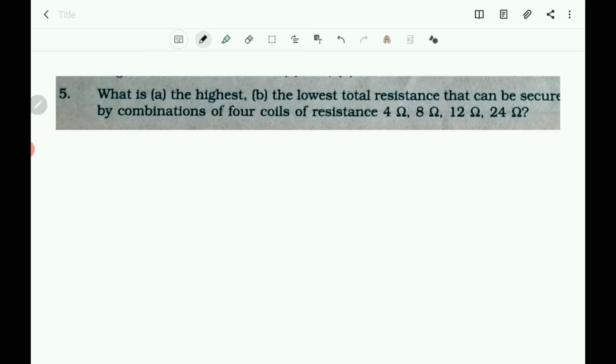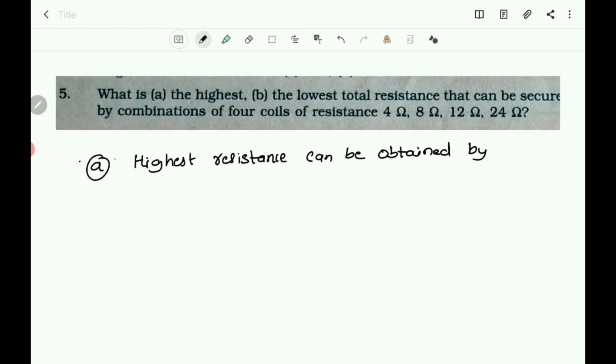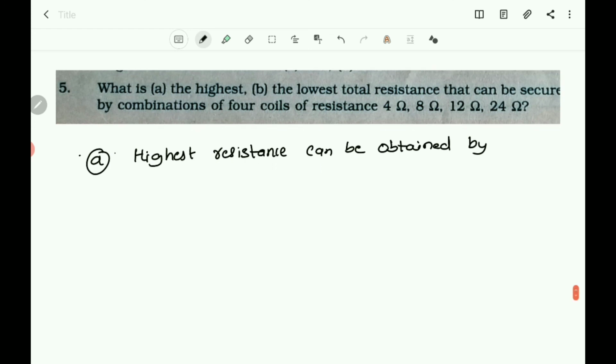So you take A: highest resistance can be obtained by connecting the 4 coils in series.